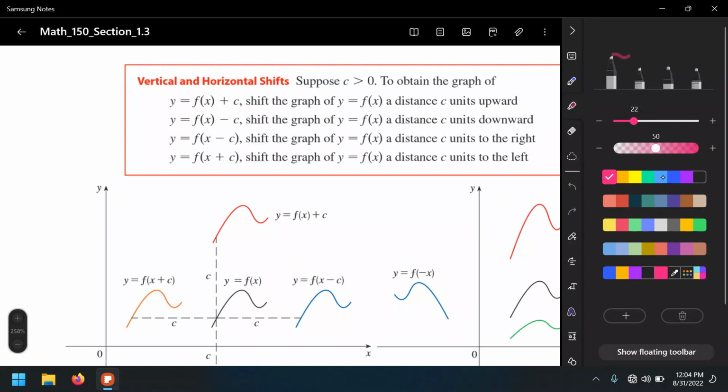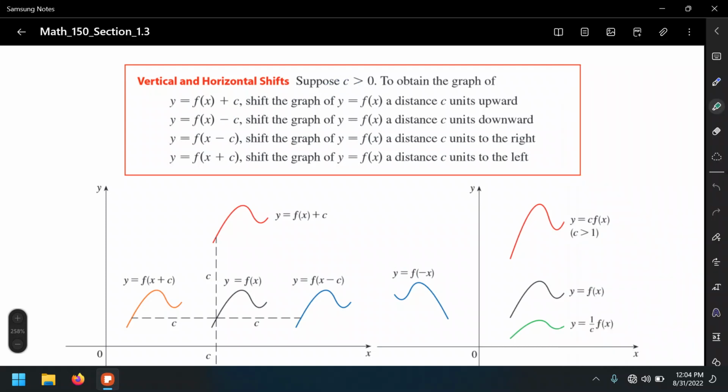So, this plus c. Whenever you add a number to a given function, for example, x squared plus 5, or the square root of x and outside another plus 5, that means we are shifting the graph, by the number of units of whatever that value of c is, we're shifting it up.